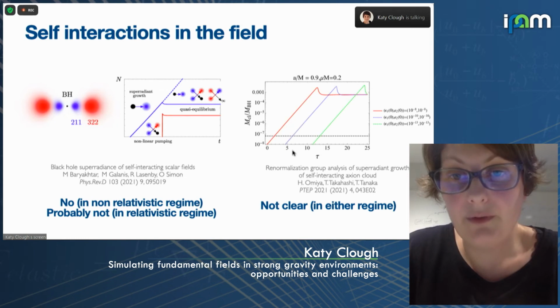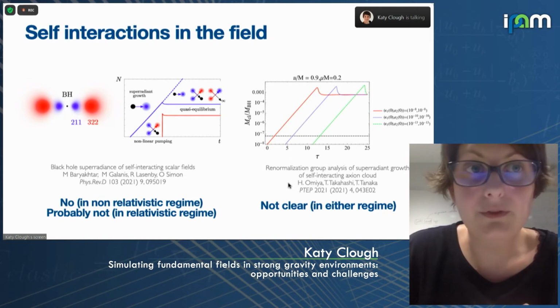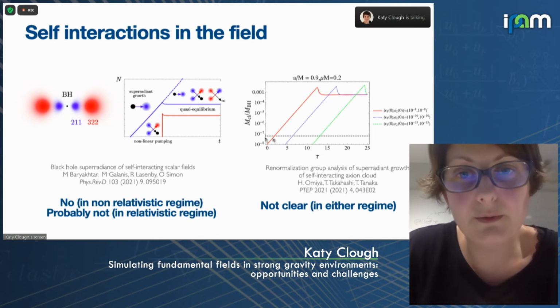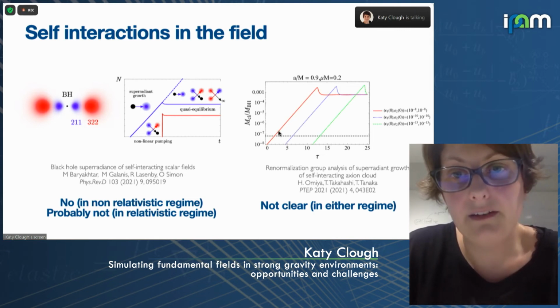There was then a follow-up work where this group of Eemeli and collaborators said that was a questionable conclusion. So they did a renormalization group analysis of the superradiant growth. Essentially what they said was, well, it's not clear. They say that these are the calculations, this is what you get.